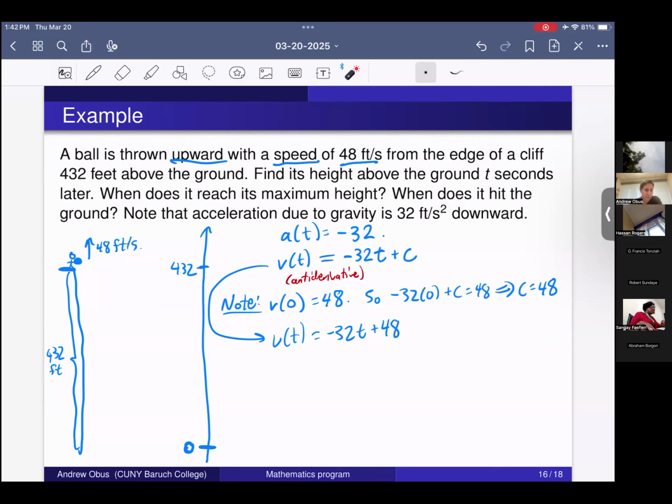It changes if you're in the stratosphere, or if you're on the moon, but it doesn't change on the surface of the Earth. 32 feet per second squared is the same as 9.8 meters per second squared, right? Correct. This question's in feet, so we're doing everything in feet.